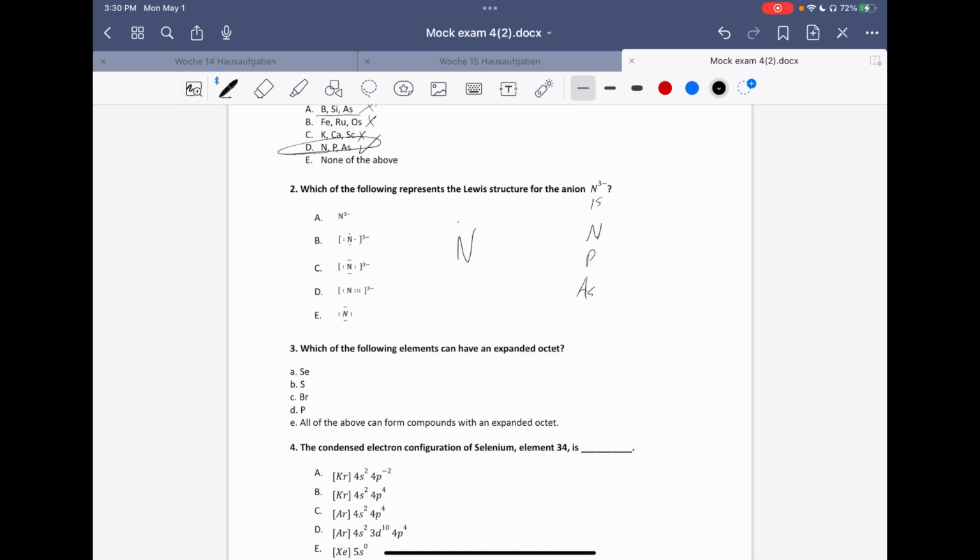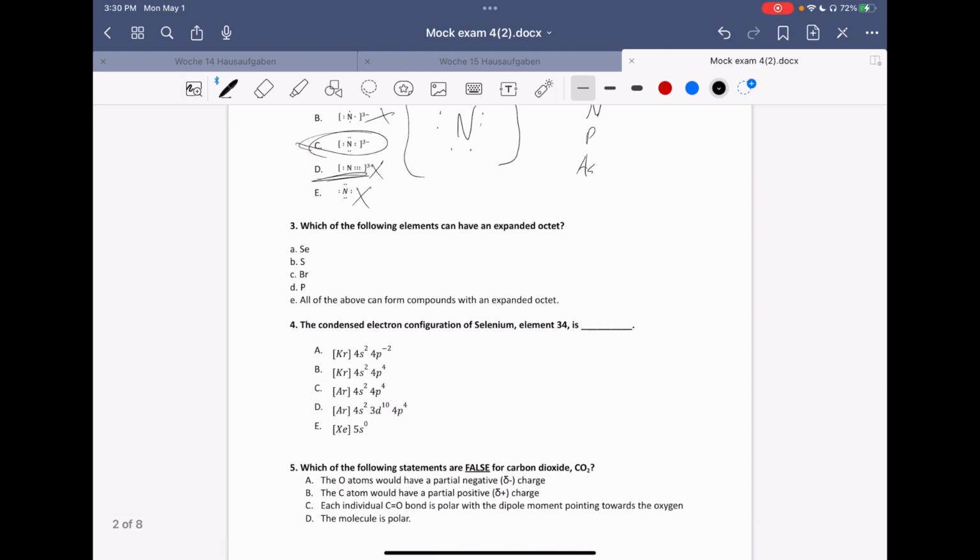So we can draw 8 electrons, and remember that if we have an ion, we need brackets and then the electrical charge on the outside. So that one is C. It can't be this one because this doesn't have a full octet. This just has nothing, as if it formed a cation, which it doesn't do. This just looks funky, and this doesn't have the brackets.